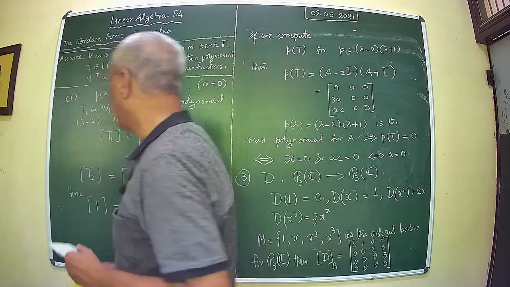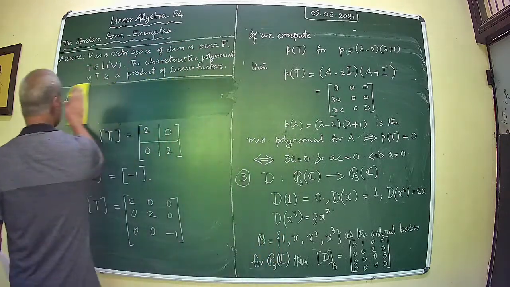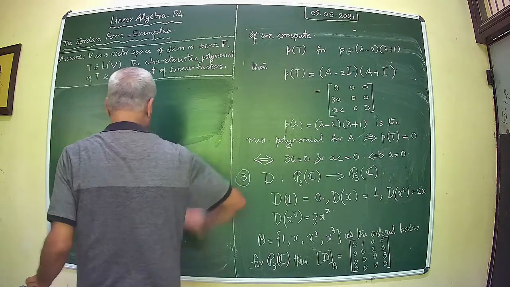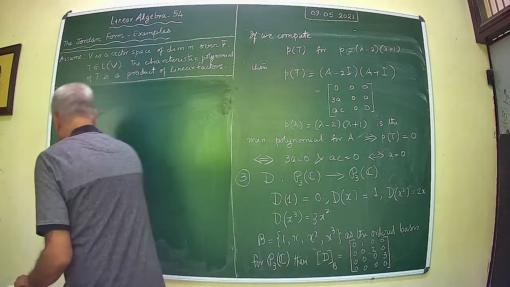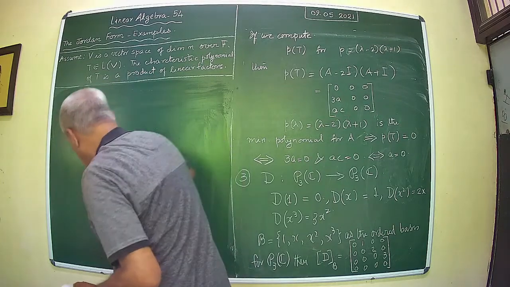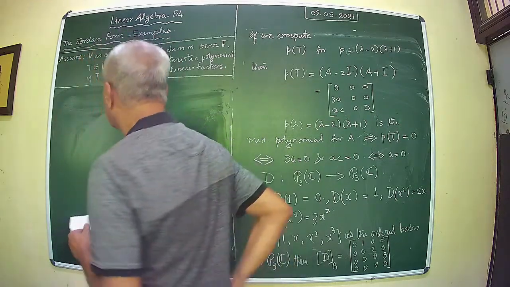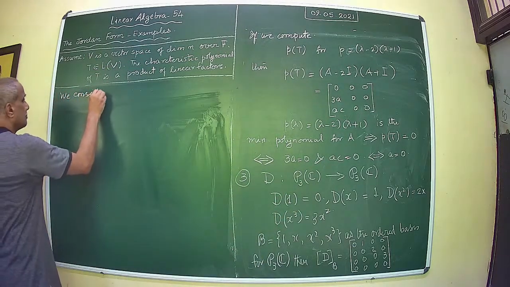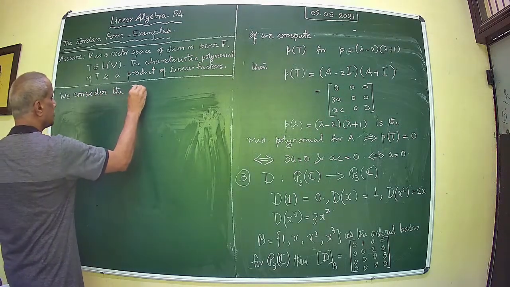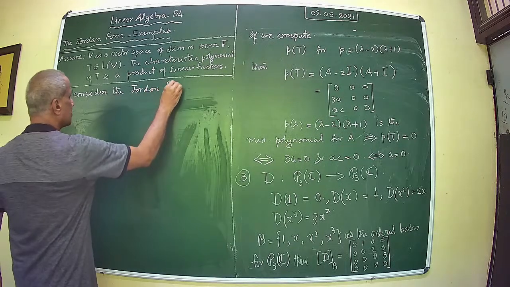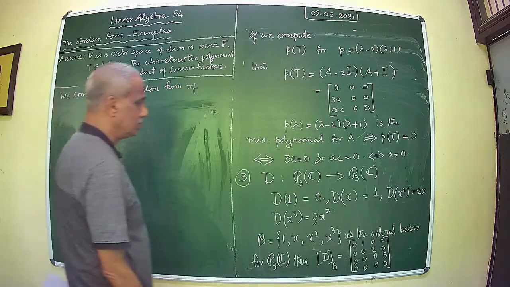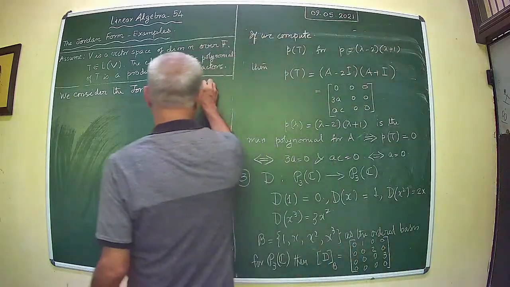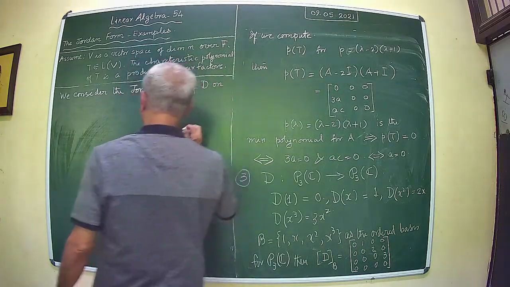Now we look at the Jordan form for this. Jordan form of D on.